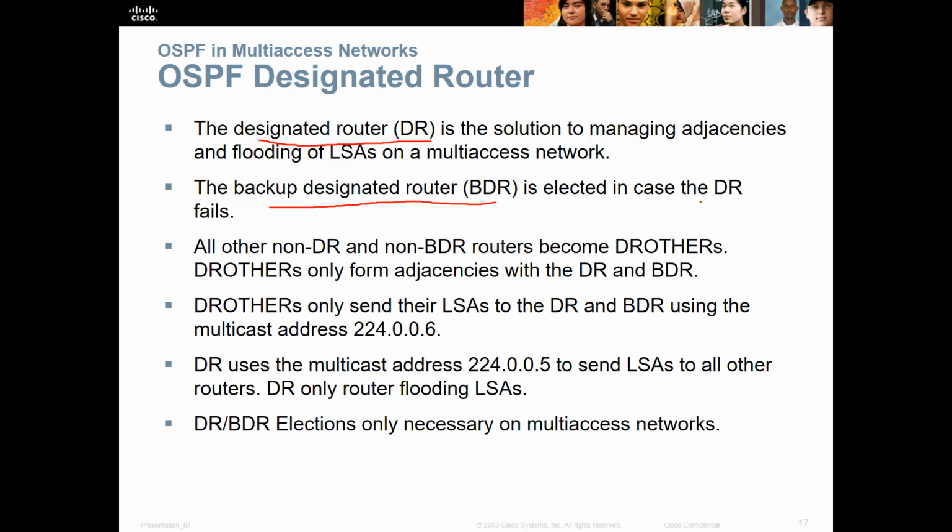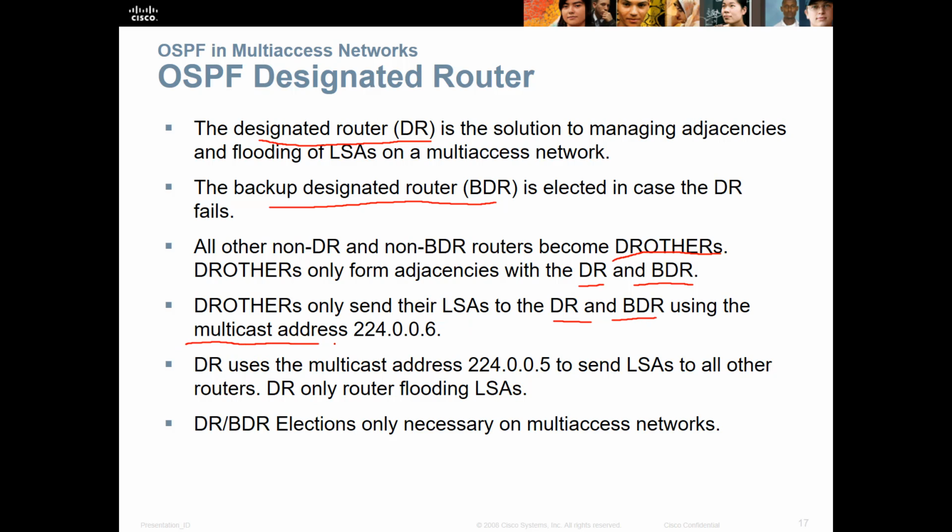All other devices are a designated router other, or non-designated router. Typically only the DROthers form adjacencies, and they form them with the designated router and the backup designated router. DROthers only send their LSAs to the designated router and the backup designated router.